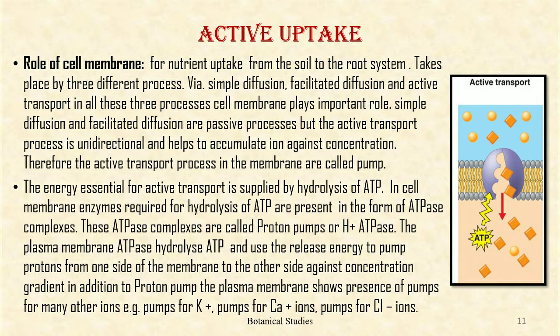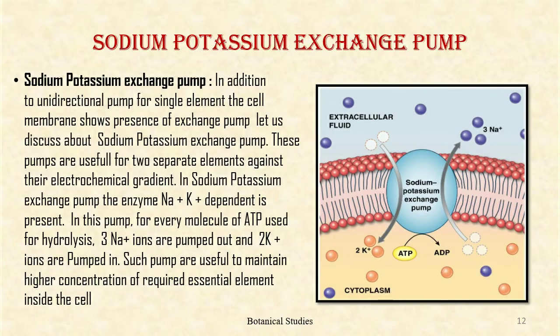The plasma membrane ATPase hydrolyzes ATP and uses this released energy to pump protons from one side of the membrane to the other side against the concentration gradient. In addition to the proton pump, the plasma membrane shows the presence of pumps for many other ions, for example, pumps for K+, calcium ions, chlorine ions, etc.